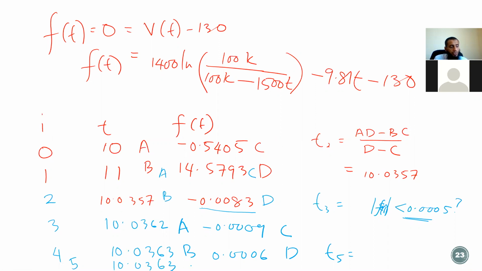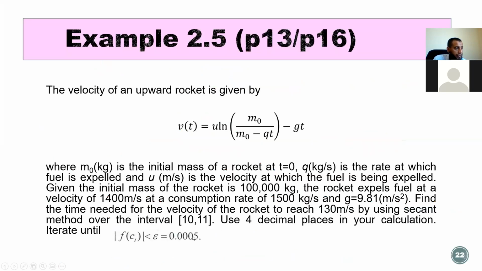So it means that whatever you do, you will get the same value. This shows that the stopping criteria is not correct. Maybe you have to do 6 or 7.